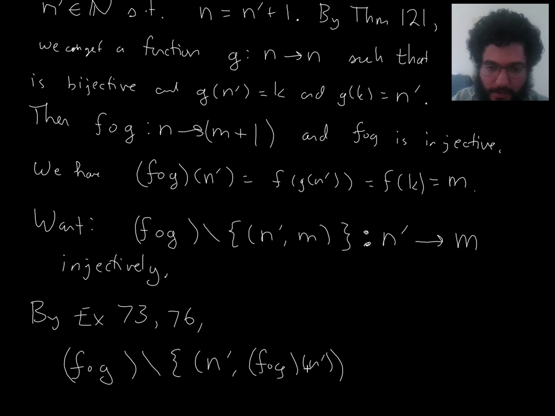If I delete the input-output pair, which I've computed that's m, right? This composite applied to n prime is m, so I can just put m there.